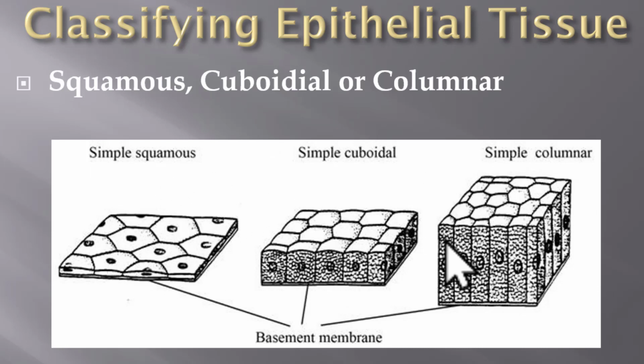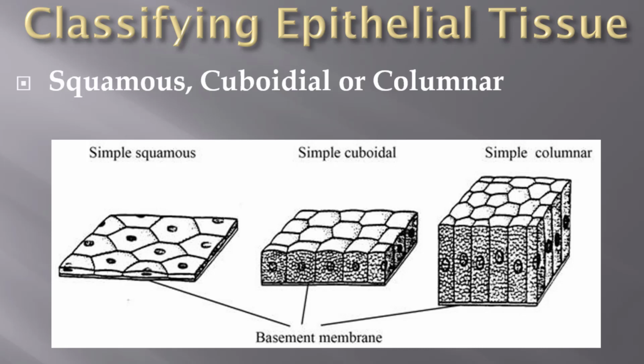Now we're going to look into the shapes. We have a flat shape that's called squamous. If you look at it going down on, and I'll show you the next slide, it looks kind of like a fried egg, but it's very flat, very thin.